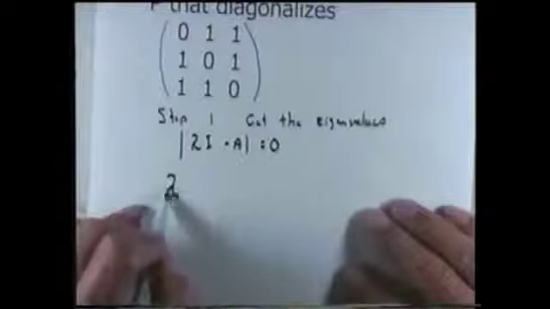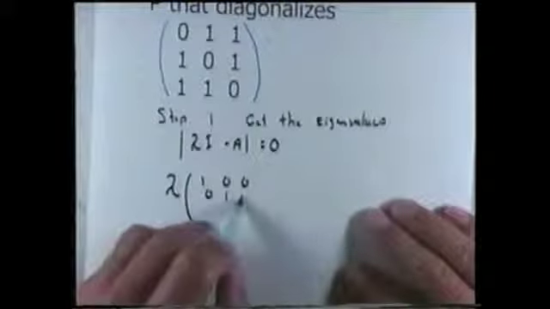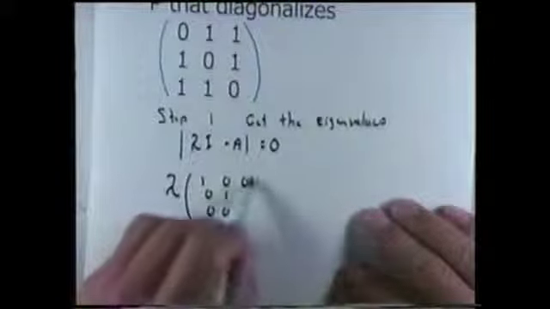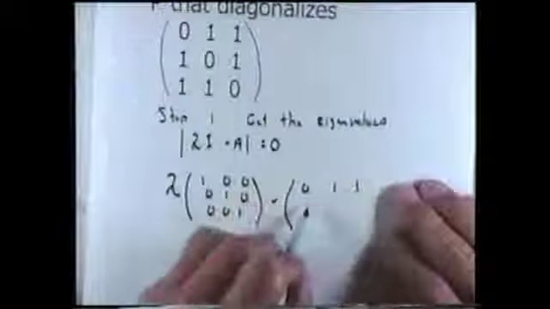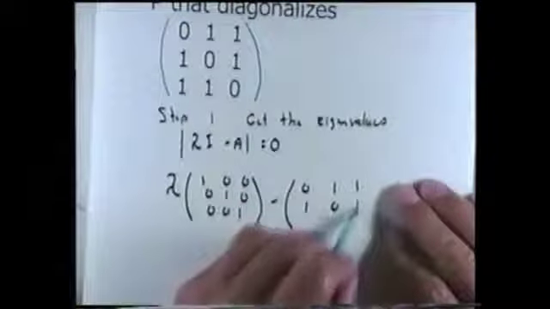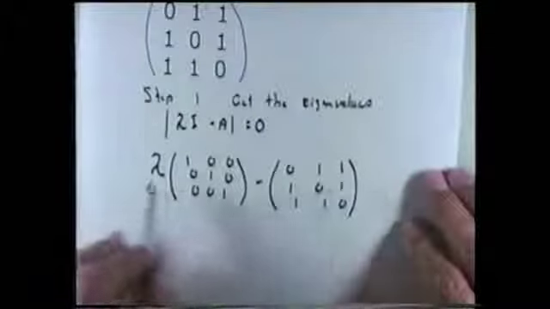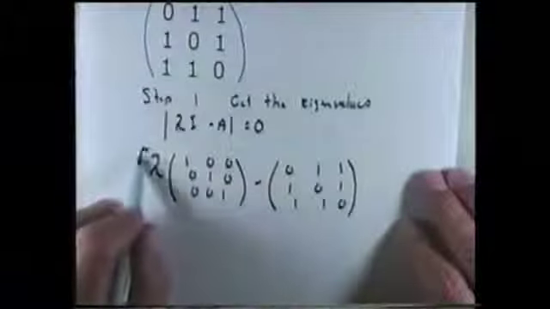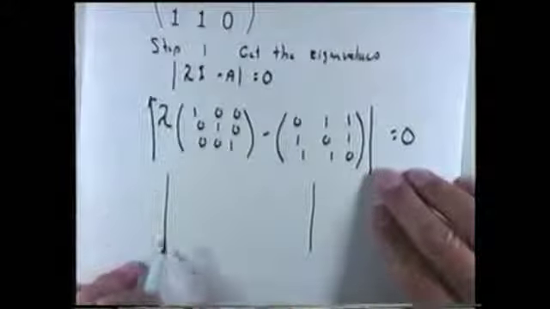So I have lambda times I minus A, and I take the determinant of that and set it equal to 0. This gives us the characteristic equation. I think we can do some of this in our heads here.